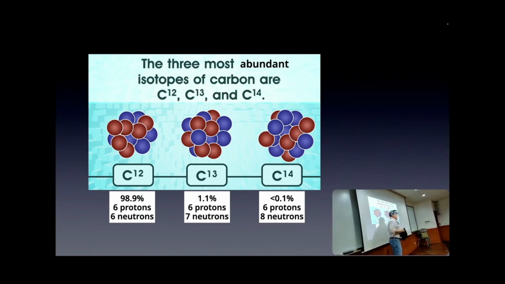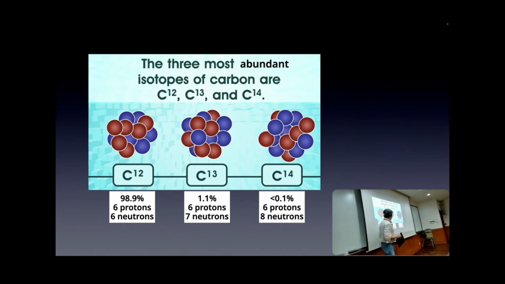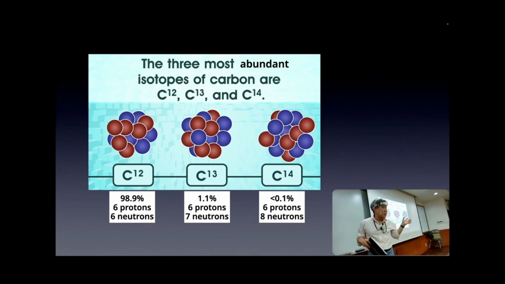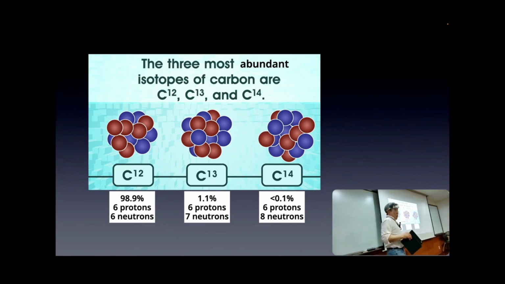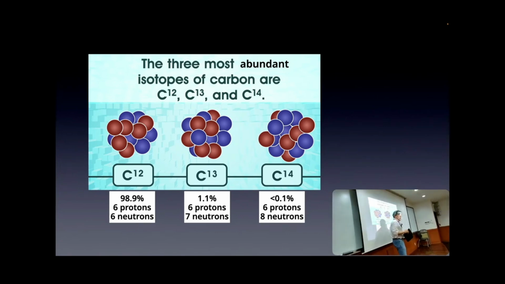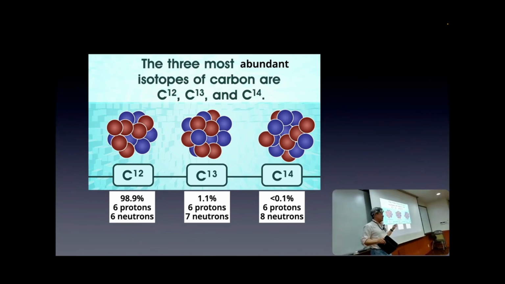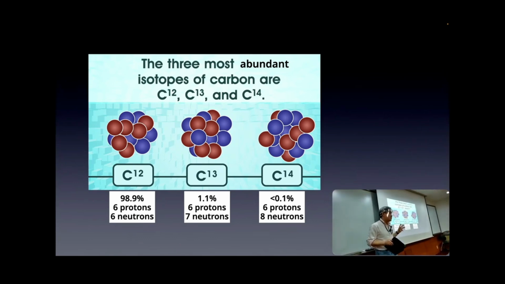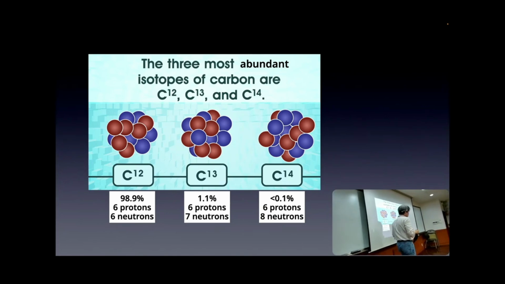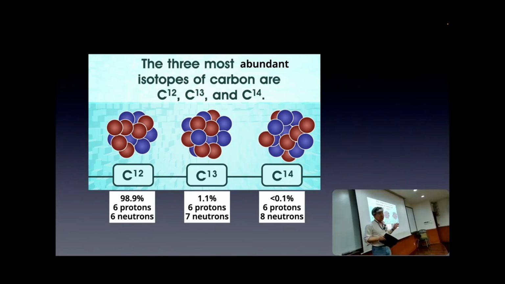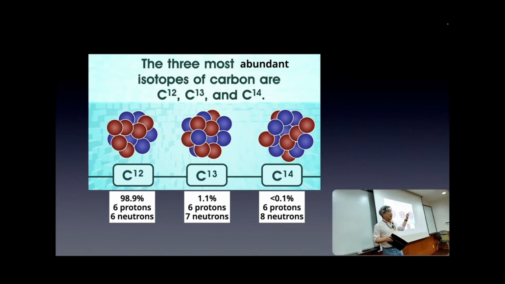The reason why it has 14 in atomic mass is 2 more neutrons, but unlike C13 or C12, this C14 is, we call, a radioactive isotope. So not all isotopes are radioactive, but some are. Why is some isotope radioactive?